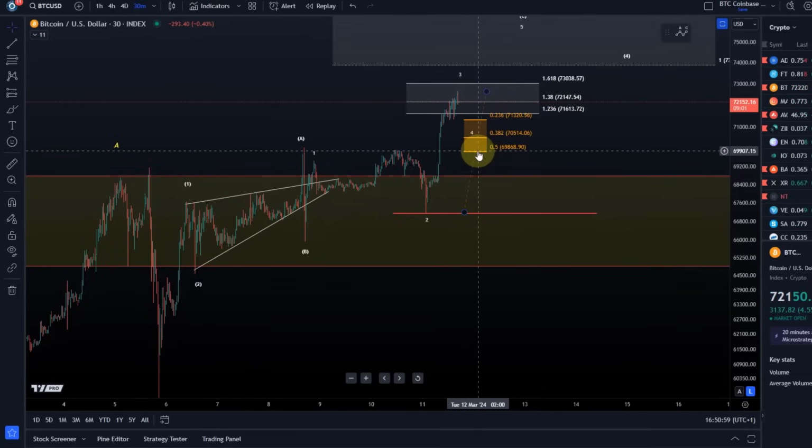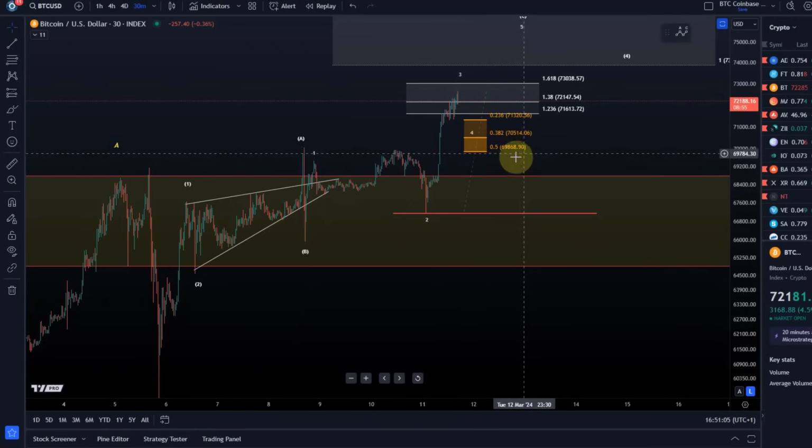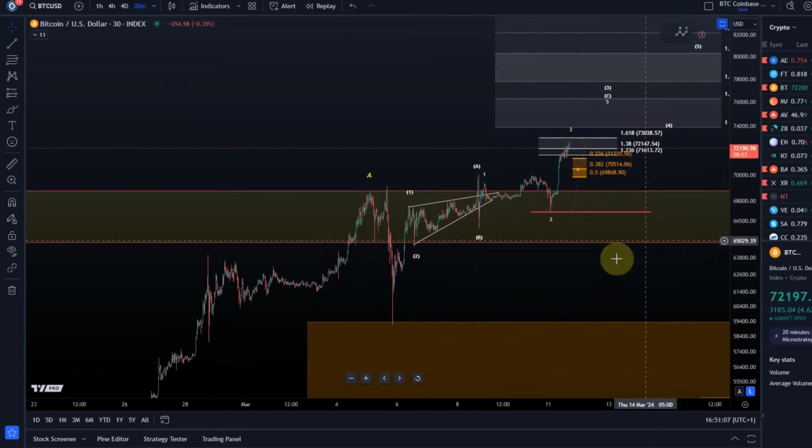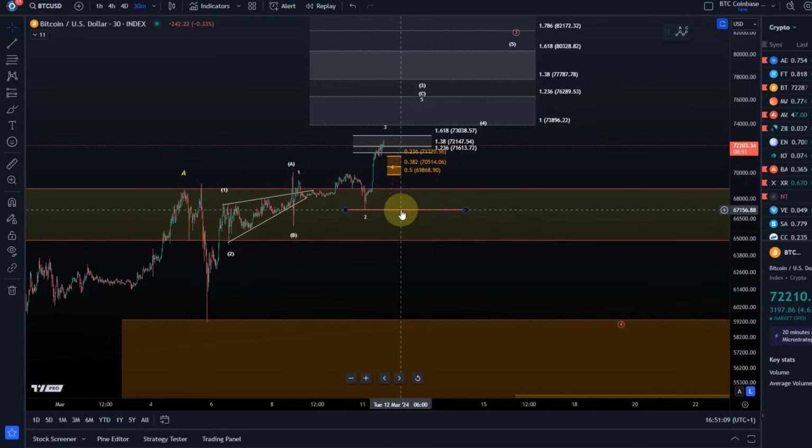Whereas a break below the 50% Fibonacci level here, a break below the orange support zone, would be a first indication that a top of sorts is already complete and has formed. And we would then be looking at further confirmation that we are moving down in a larger pullback once we see a break below 67,200, this last swing low.